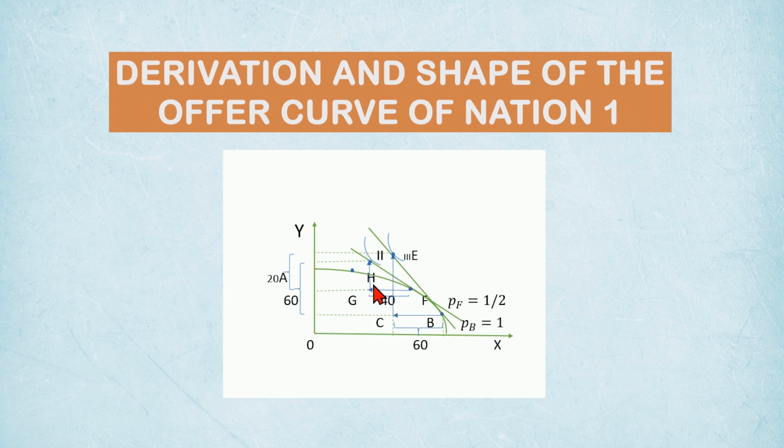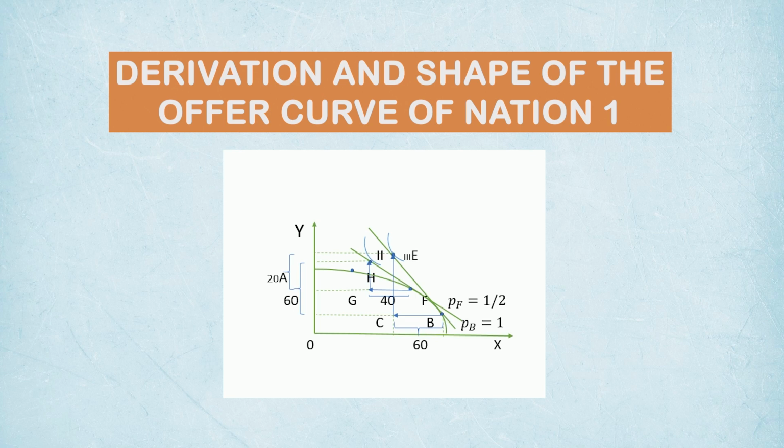So the point that I want to make is that when your consumption equilibrium is here and the production equilibrium is at this point, you are essentially exporting this much and importing this much. Students, you remember what I said, that at PF price, the price of X is relatively low. If the price of X is relatively low, more X should be given to the trading partner to get either low or the same amount of Y. Now you look at the diagram, students.